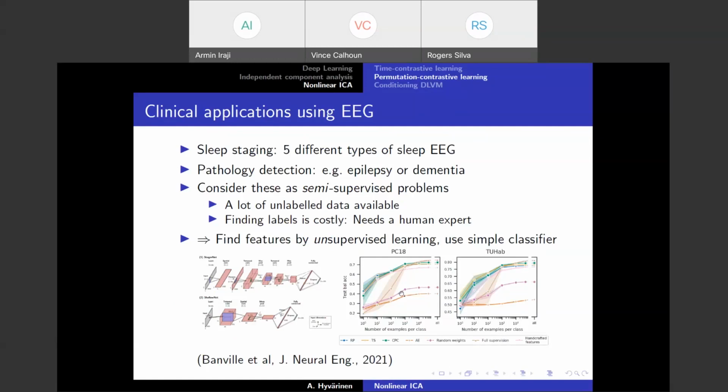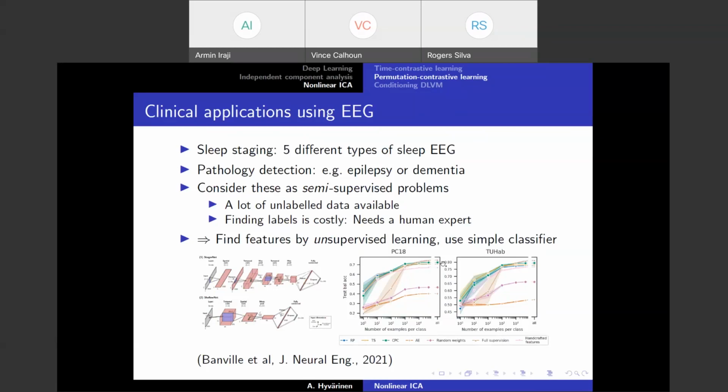Sorry, these colors are very similar, but it is the curve that starts very low and then goes up. This is a function of labeled examples per class. So if you have very few examples, you will not learn anything. But when you get a lot of examples, then you will learn well.